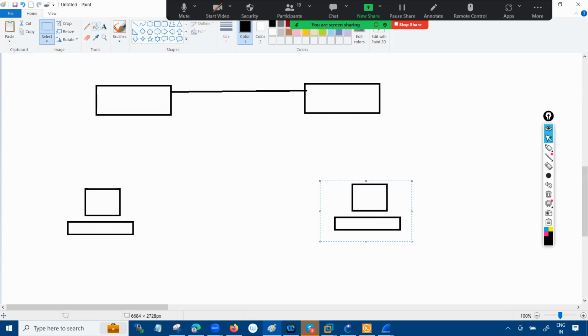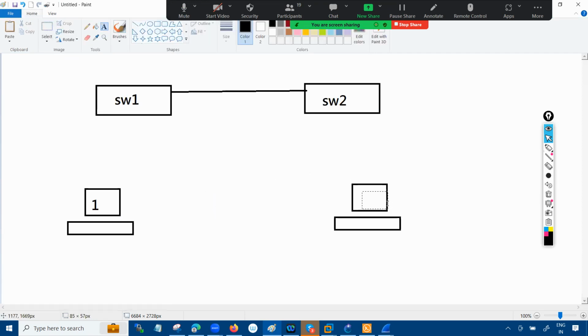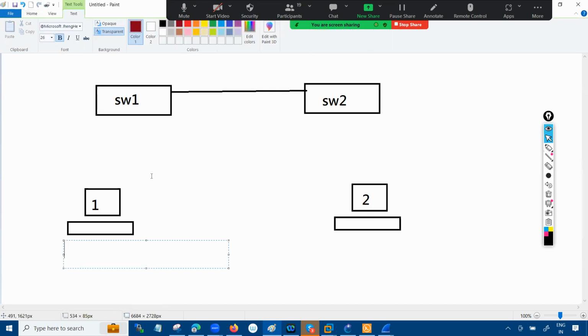Switch 1, switch 2, PC1, PC2, and the IP addresses we have over here. Let me decrease the size. The IP will be 101.1.1, MAC will be A. Same thing, IP will be 101.1.2, the MAC will be B.